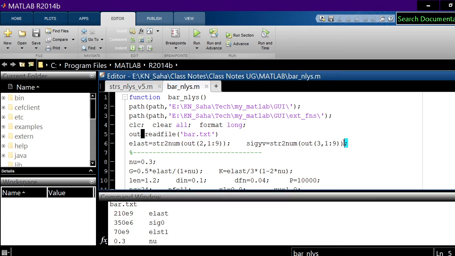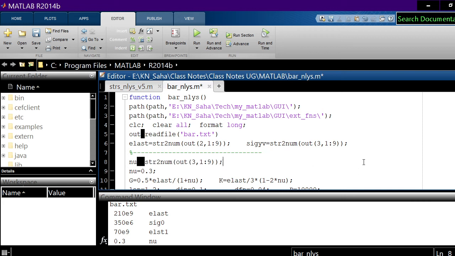So like this, if we put this as new equal to string num, sorry, now this is the fourth line, and we have 1 to 9 is fine, right?